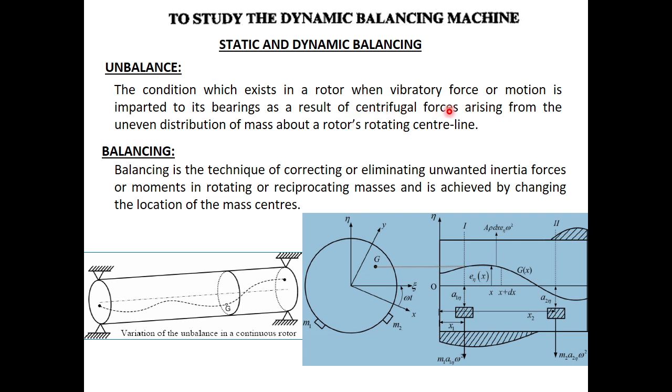The centrifugal force is eccentricity into omega square, right? Now, usually for a shaft, the outer radius is much less compared to the outer radius of a disc. If we mount something, say a pump, or the impeller of a particular air handling equipment, those diameters are many times larger compared to the diameter of the shaft.